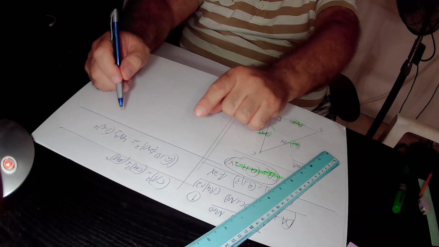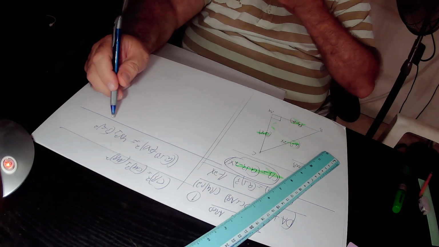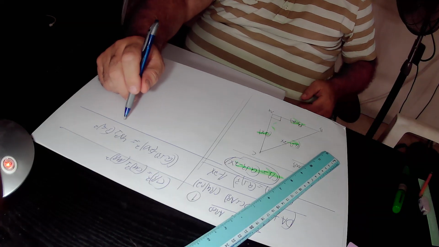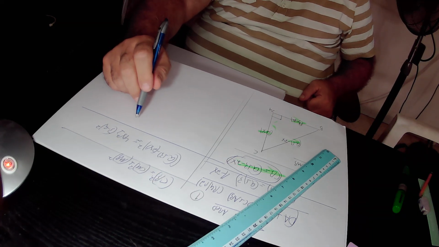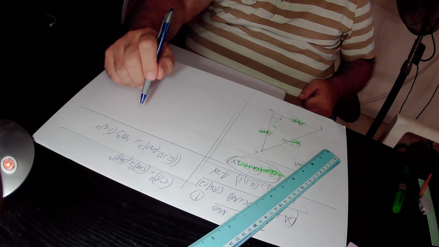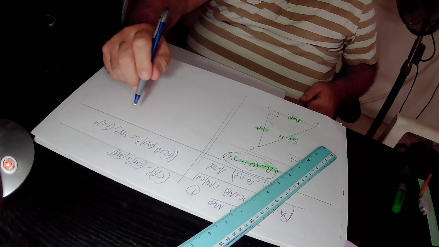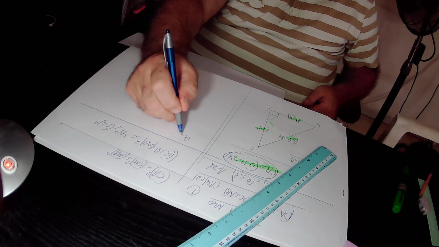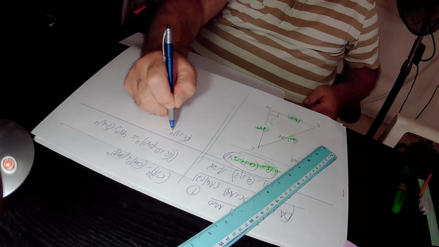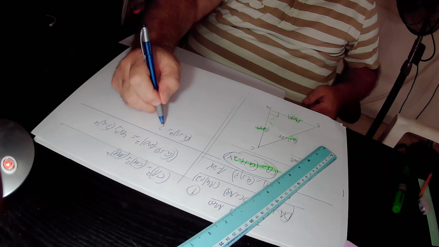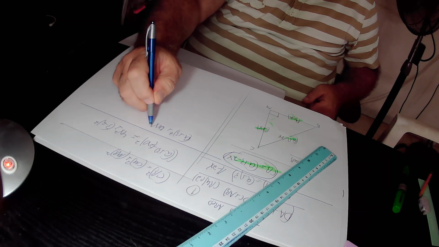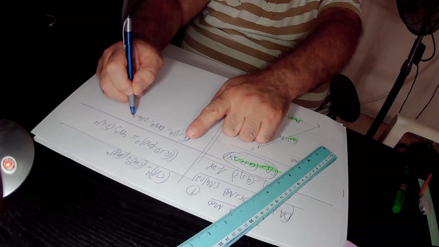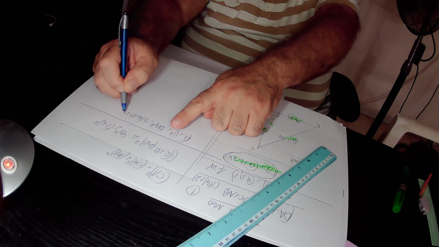Here we will open the brackets on both sides of this equation. According to the algebraic identity, (A minus B) squared equals A squared plus B squared minus 2 times A times B. Therefore, (A plus 3 minus 2x) squared equals (A plus 3) squared plus (2x) squared, that is 4x squared, minus 2 times (A plus 3) times 2x.